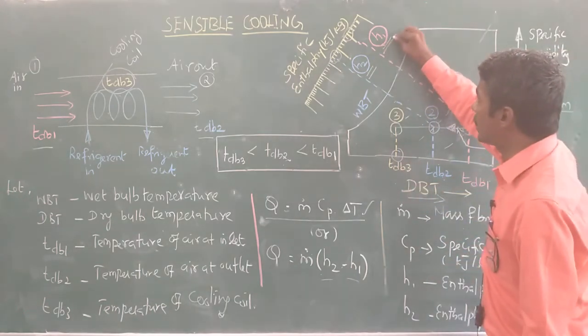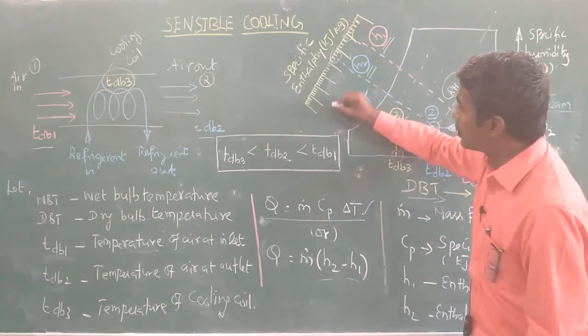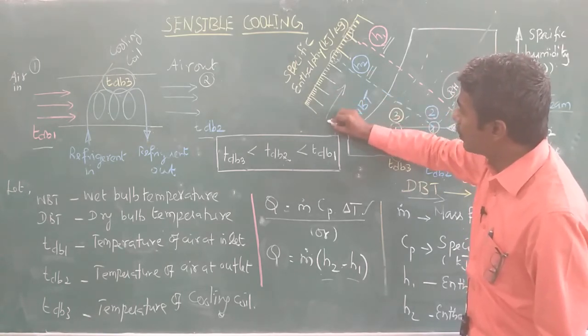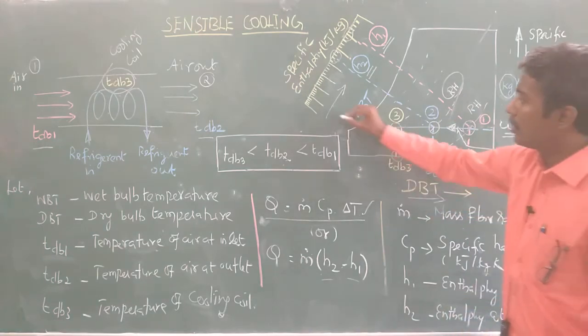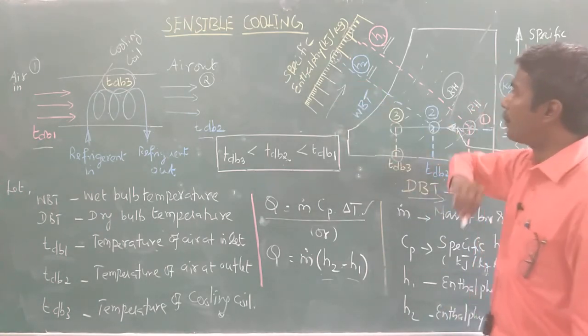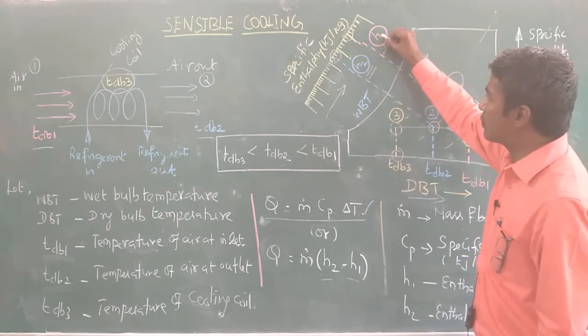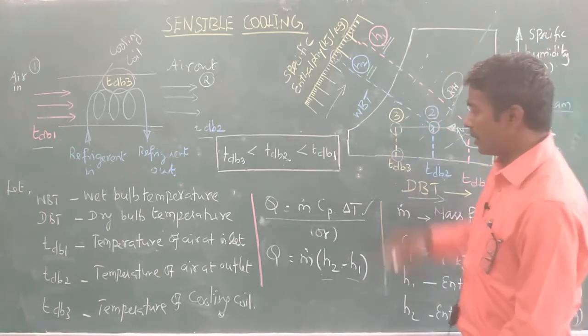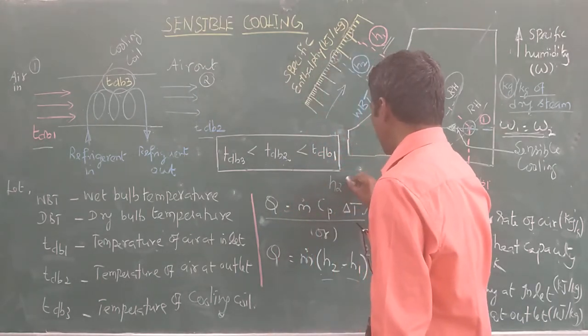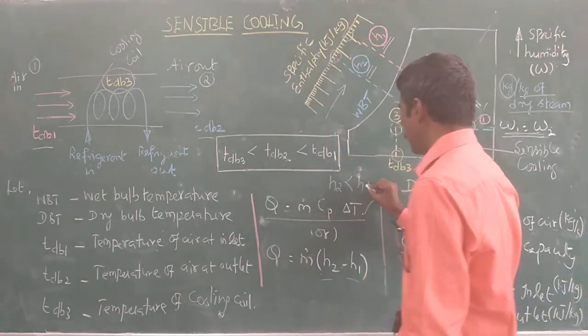While comparing H1 and H2, on the specific enthalpy scale the value increases from lower to upper. So the H2 value is less than the H1 value.